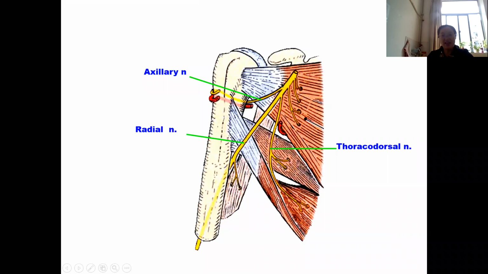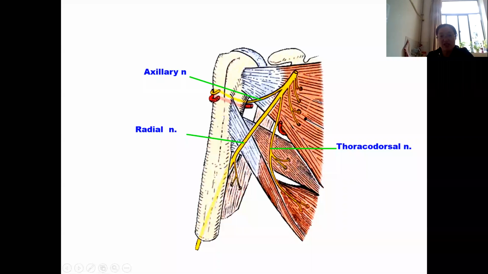Here, the axillary nerve passes through one space, which we call the quadrilateral space. It is formed laterally by the neck of the humerus, superiorly by the teres minor, inferiorly by the teres major, and medially by the long head of triceps brachii.